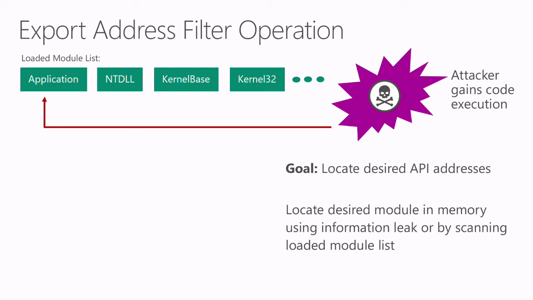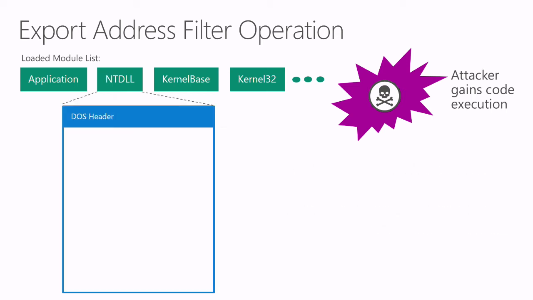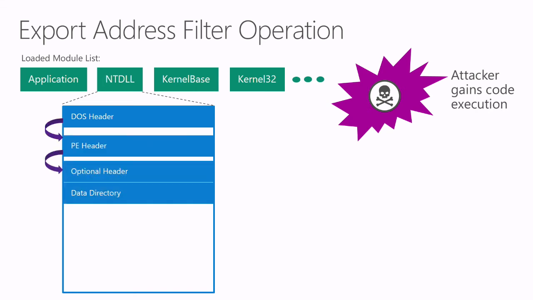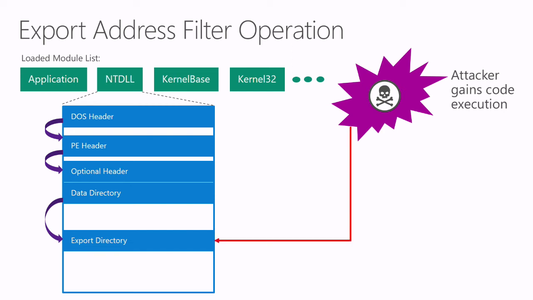So let's say the attacker is now scanning the module list that's loaded in your process, and they're trying to find NTDLL because they want to call the APIs that are exposed by that binary. Once they find NTDLL in memory, they can start walking the actual image data and parsing the DOS header, the PE header, and the optional header. It has a data directory with all of the different sections, and the one they're interested in is the export directory, which has a list of all of the APIs that are exported.